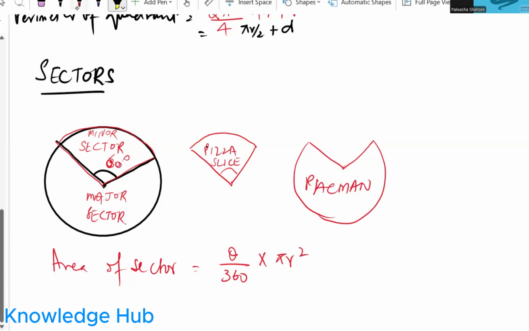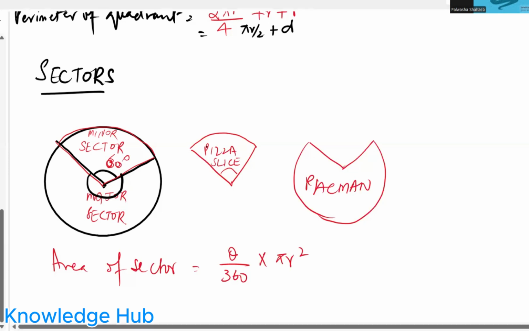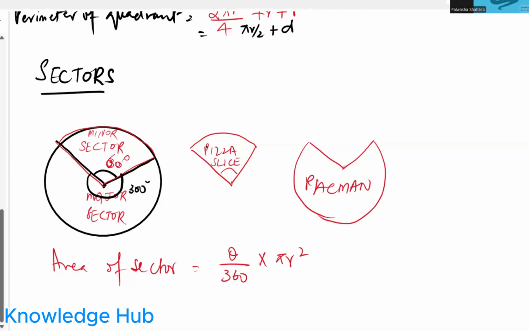We are going to use this angle. The complete rotation is always 360, so this angle would be 300. So for the area of a major sector, you use 300 degrees, and for the area of a minor sector, you use 60 degrees.